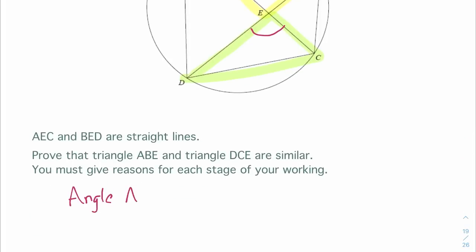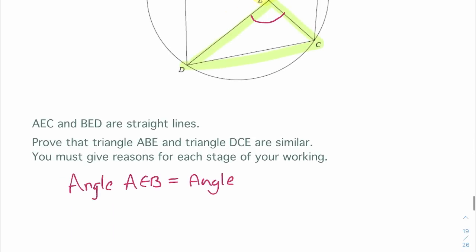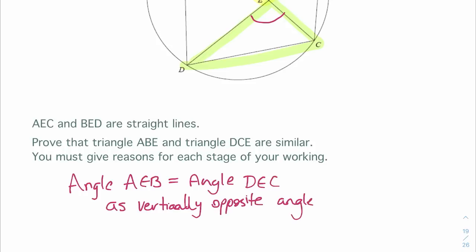So angle AEB is equal to angle DEC as vertically opposite angles are equal. There we go, and there's our first reason.